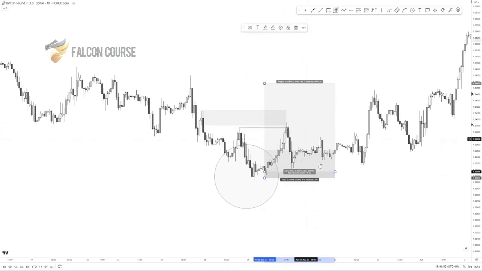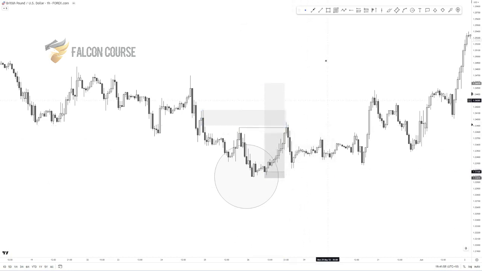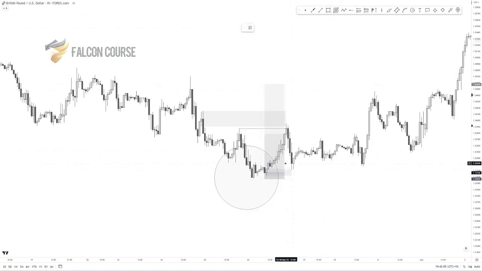Now, this inducement's obviously an inducement pullback. It's not a phase one like we talk about in our other videos. But a big factor to this is because we created a continuation order block to the upside. So not only does this give us confidence that we can hold this trade, but it allows us to take continuation from here.